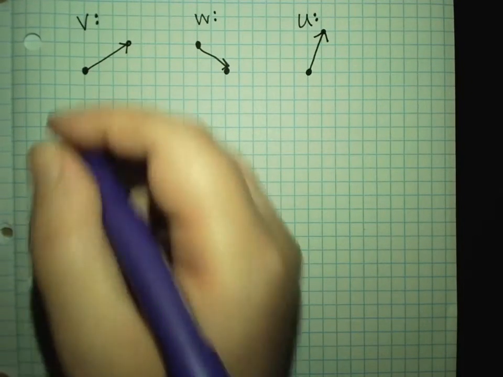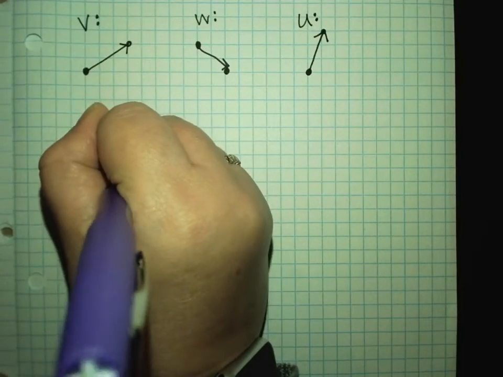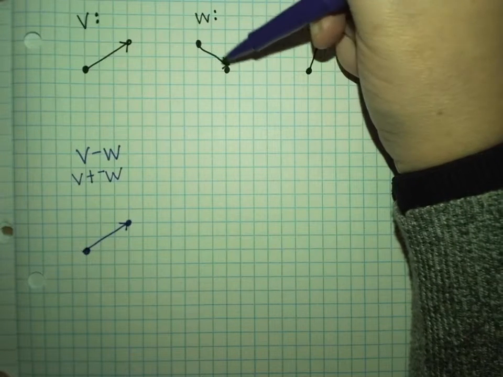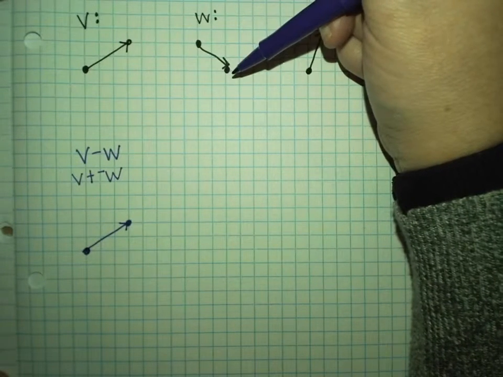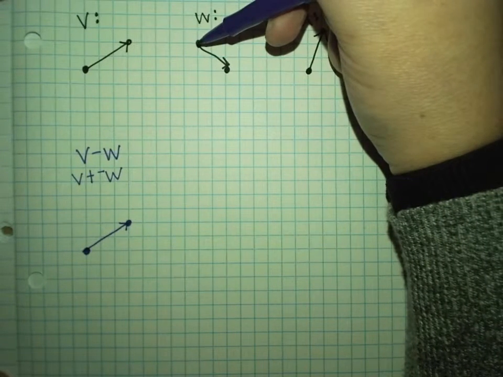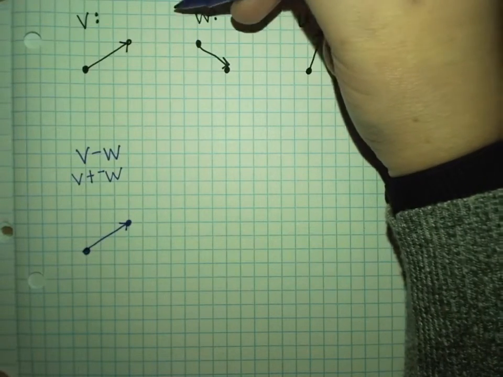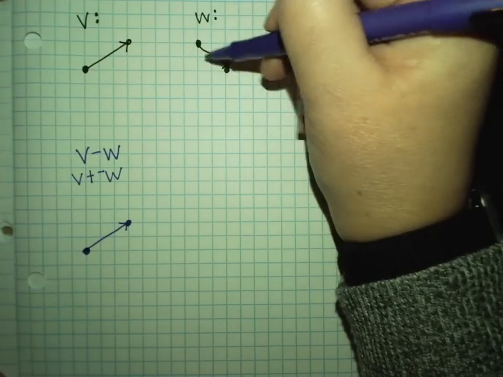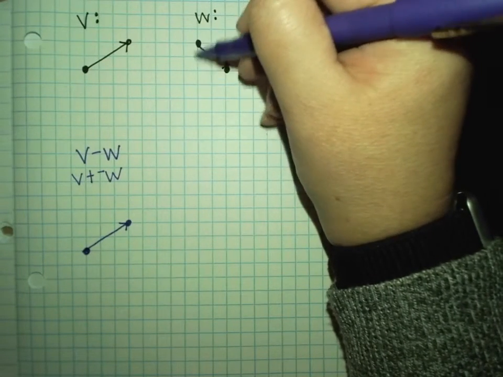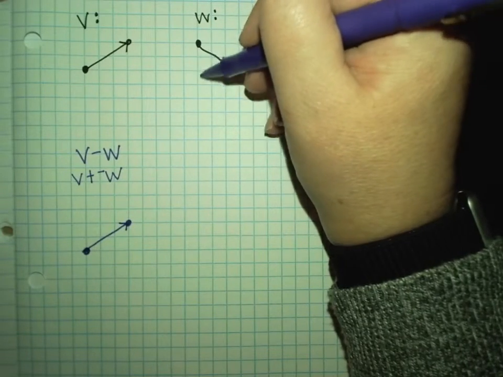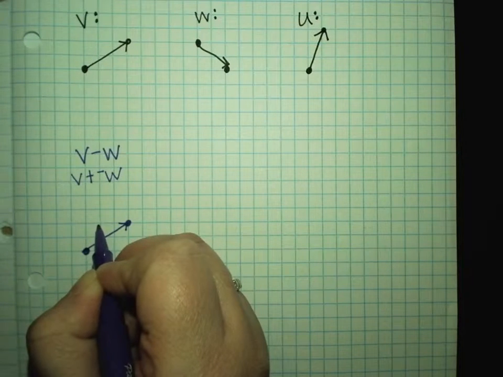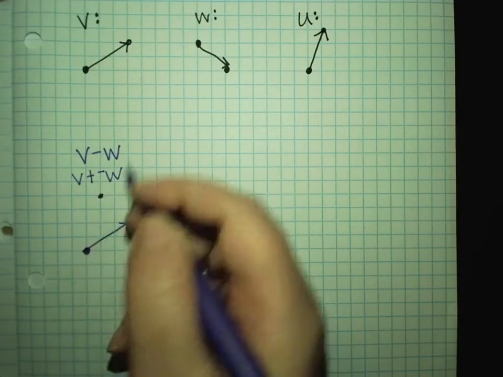Now this is like saying V plus the opposite of W. W goes from upper left to lower right, so we need to go in the opposite direction. Instead we need to go up towards a northeast direction to show that we are subtracting. My horizontal component here is 2 units, and the vertical component is 2 units, but I need to go in the opposite direction. So I'm going to go left 2 units and then up 2 units.